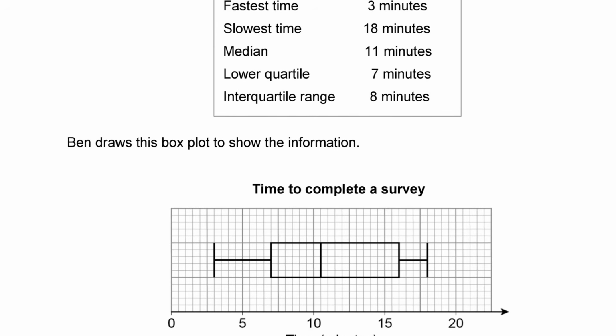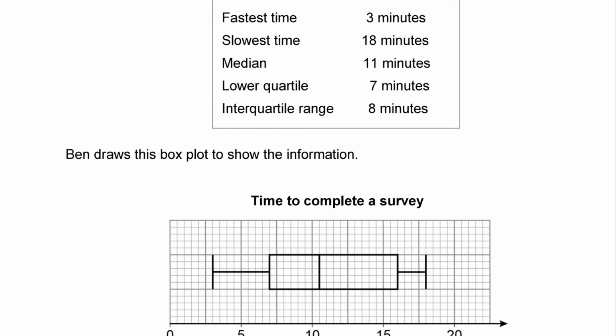Okay, let's just go through and check the information. The fastest time is 3 minutes. So is that correct down at the bottom end of my line? From here to here, look, we've got 5 units and it spans 10 little squares. So I make that 2 little squares for 1 unit.